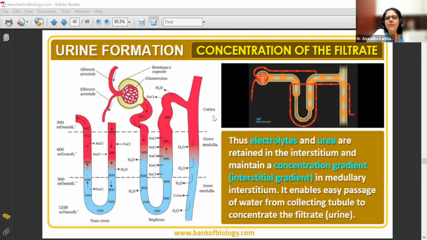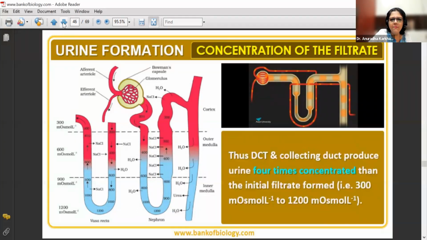Right. So what will happen? More salts will get accumulated in the interstitial fluid. Automatically, to dilute those salts, what will happen? Water from the collecting tubule will move out. Therefore, your urine will get concentrated. Okay? Did you understand? Once you understand the countercurrent method, it becomes very simple.